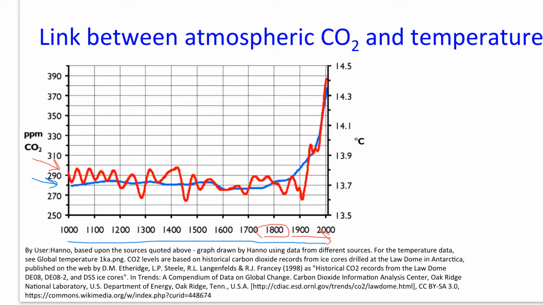As we've seen before, temperature is influenced by other things besides just carbon dioxide. So it sort of bounces around, but around that time at which carbon dioxide started to go up dramatically, the temperature, with a little bit of lag, also started to increase dramatically. So this suggests that yes, in fact, there is a relationship between carbon dioxide and temperature.